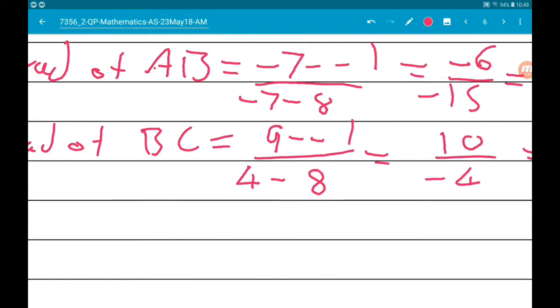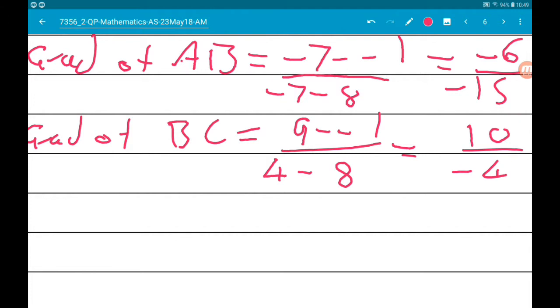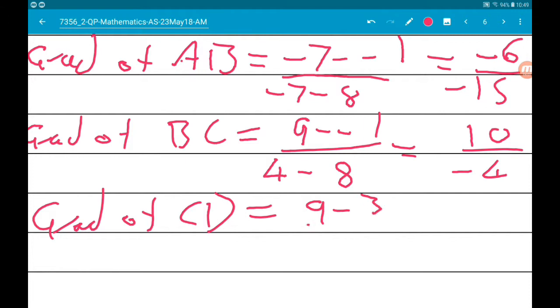Next, let's find the gradient of CD. So, that's going to be, let's do 9 minus 3 over 4 minus -11.